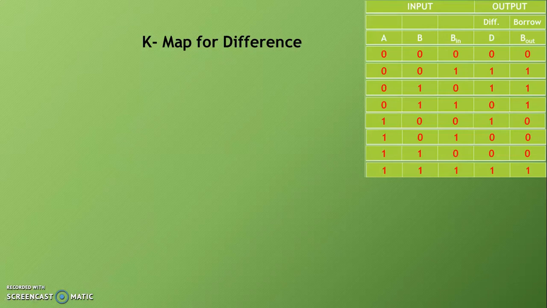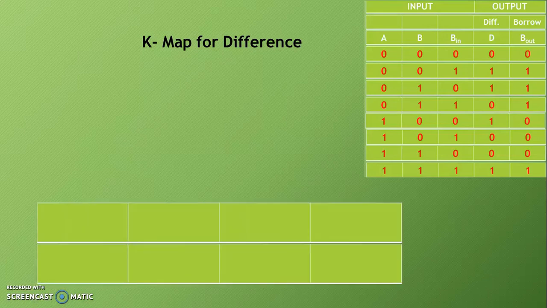For the 3 input, we can prepare a K-map with different 8 cells. We have input variables AB on the horizontal plane, as well as we have third input variable, that is Bin, on the vertical plane. We write as usual numbers and literals.